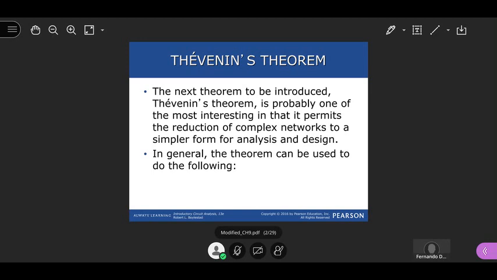So this circuit that I described can be converted into a simpler circuit, which will be composed just of a voltage source in series with a resistor. And that will be the equivalent of the complicated circuit that I just described.